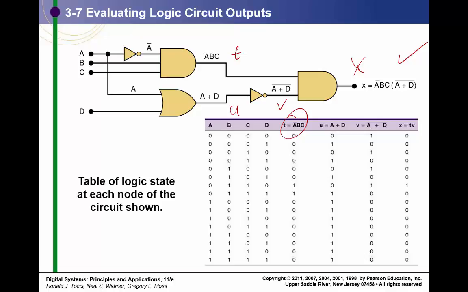Again, this gives us our intermediate values. Sometimes we're not interested in our intermediate values, because as I look at this, the only place this output is a 1 is right there.